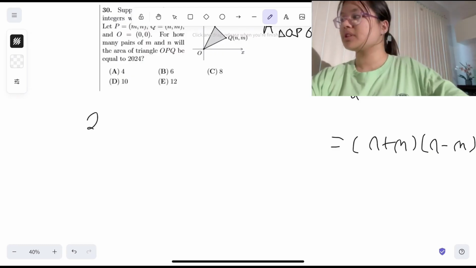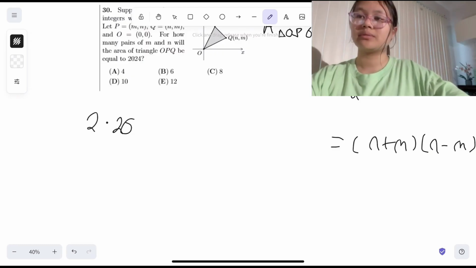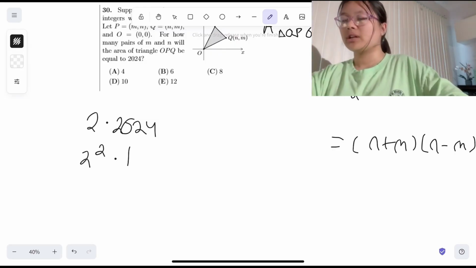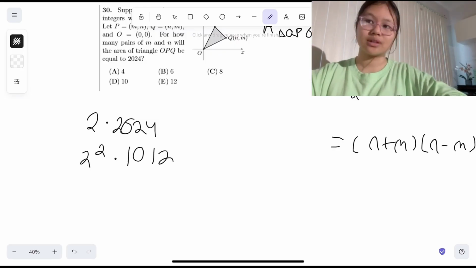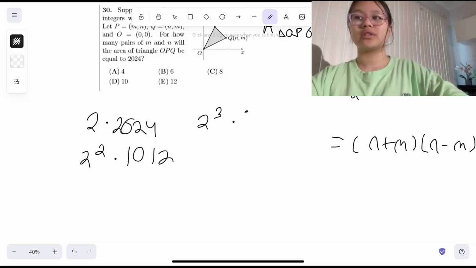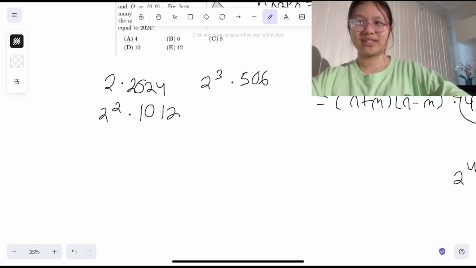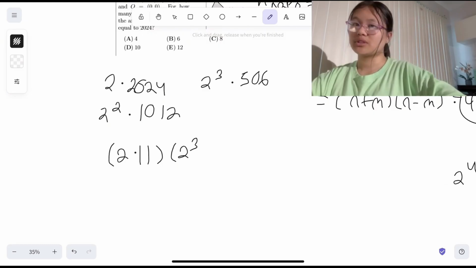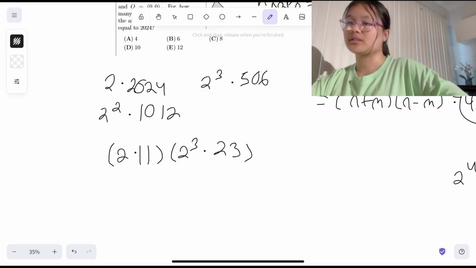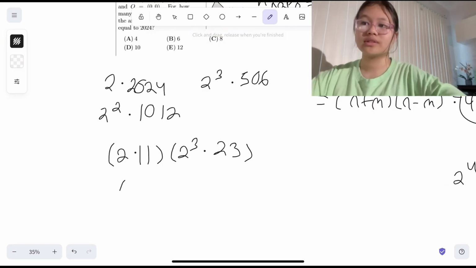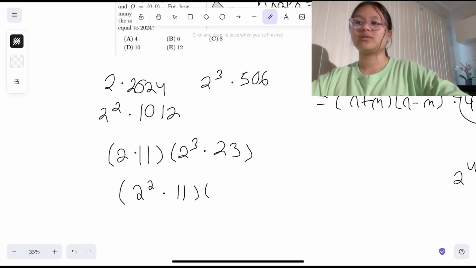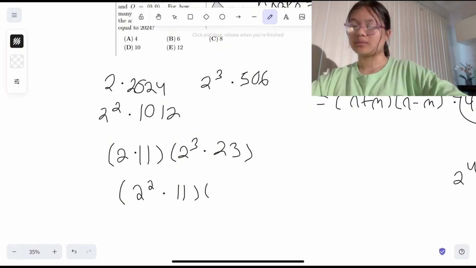So then there can be pairs, and some examples are 2 times 2024, and then 2 squared times 1012, and then 2 to the power of 3 times 506, 2 times 11 times 2 to the power of 3 times 23. And then there's also 2 squared times 11 multiplied by 2 squared times 23.